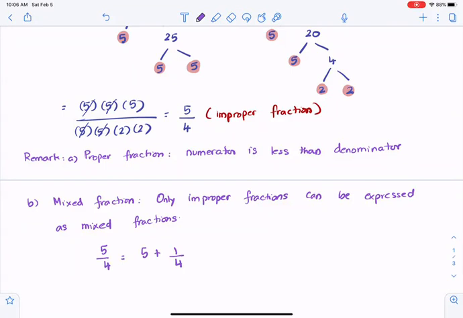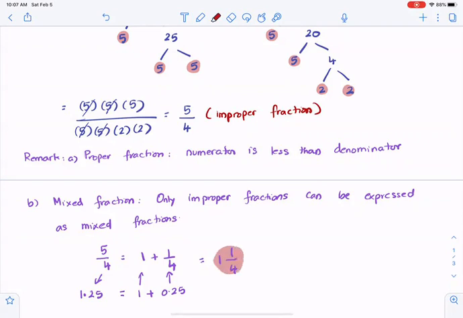Sorry, that's bad math. It's 1 plus 1 over 4. So 5 over 4 is 1.25. If I split that 1.25, I'd have 1 plus 0.25, which is 1 plus 1 over 4. I can write 1 plus 1 over 4 as 1 and 1 over 4. This notation that you see here is what we call a mixed fraction notation.